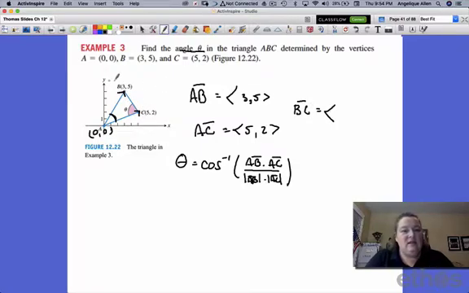So BC is going to be, let's see, if I call this the tail, call this the head, head minus tail, 3 minus 5, and 5 minus 2.